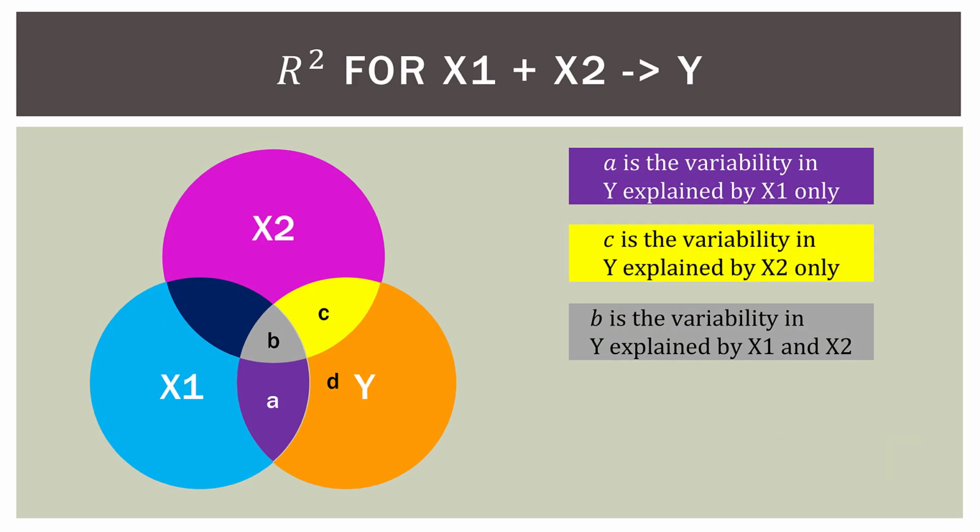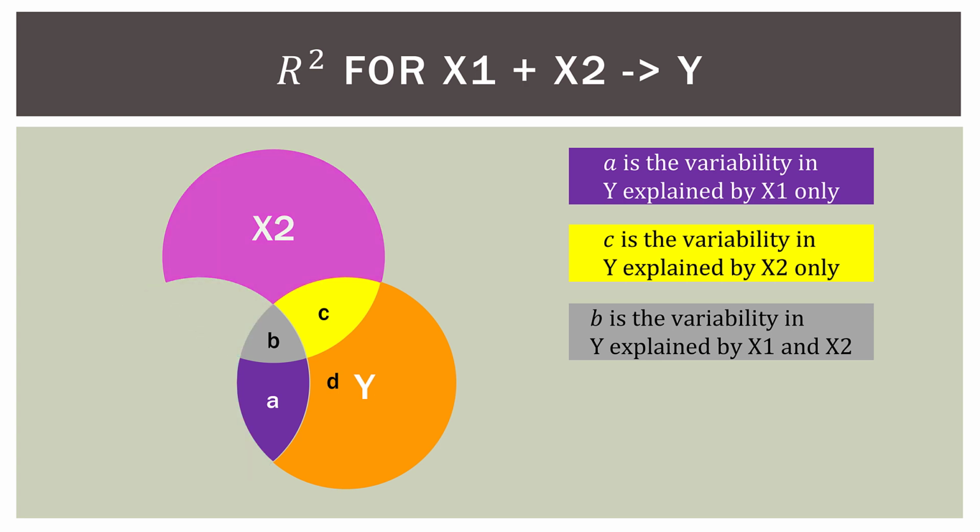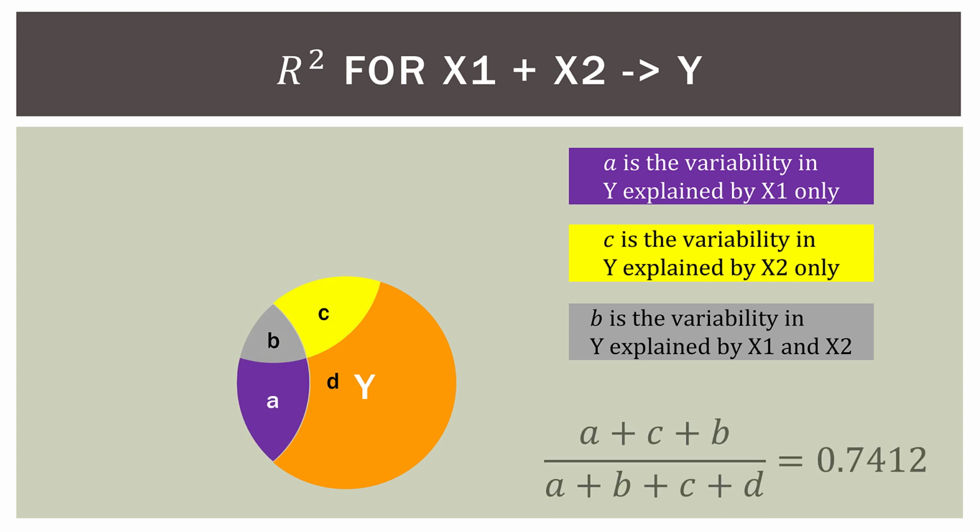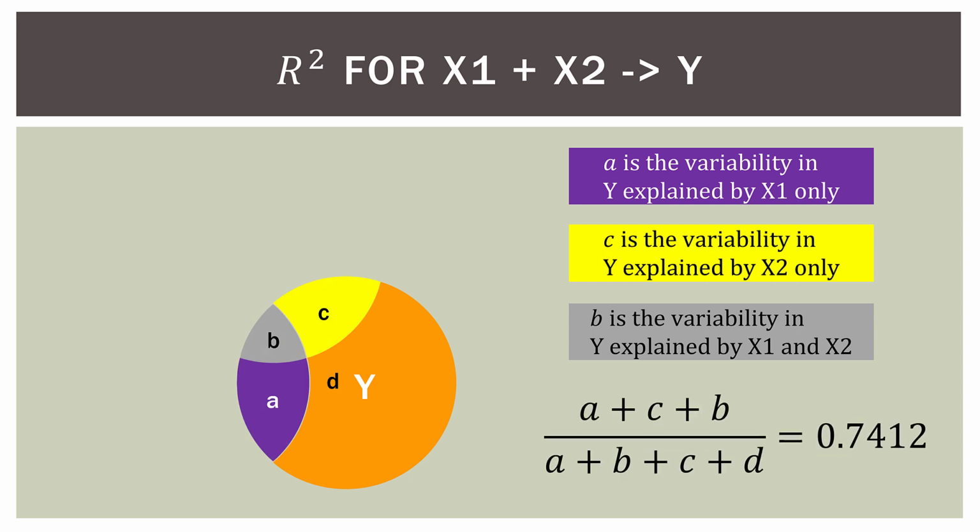Now, what about both of these? So we take away everything that's not in our dependent variable. Then we have our combined model where we have x1 and x2, so DRAT and horsepower. And that we know is all three of these areas, A, B, and C. So that value has to be A plus C plus B, divided by the whole thing.